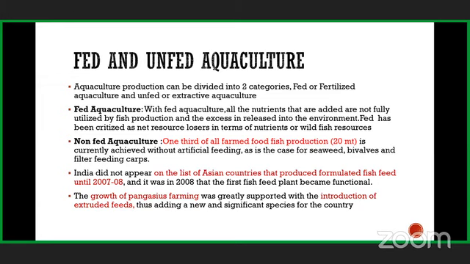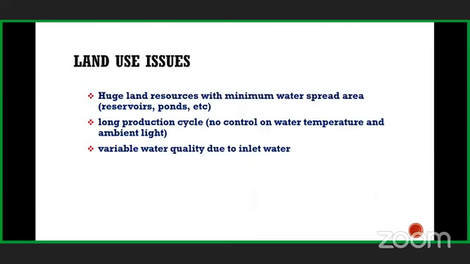In fed aquaculture we use some sort of feed, and various concerns arise due to environmental pollution from the addition of a lot of nitrogen and phosphorus into the system. There are also burning issues all over the world regarding land use and water use.